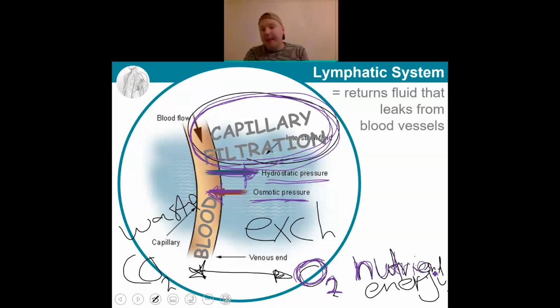All the tissues in the body will need oxygen, and all the tissues in the body will need nutrients and energy to do their job and have those building blocks to build whatever those tissues need to build, whether it's just building themselves or something else. So energy is another thing that we transport with the blood, and then we give away at the side of the capillaries to the tissues.